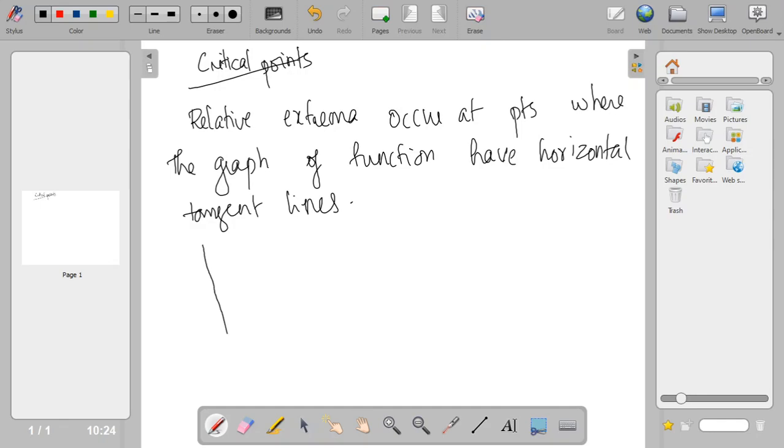So let us look at an example of a curve. Consider a curve like this.